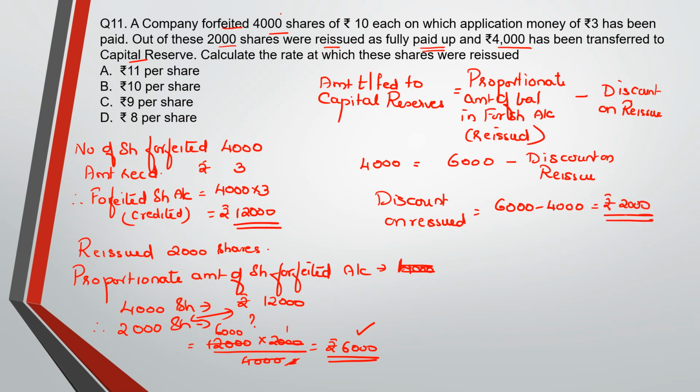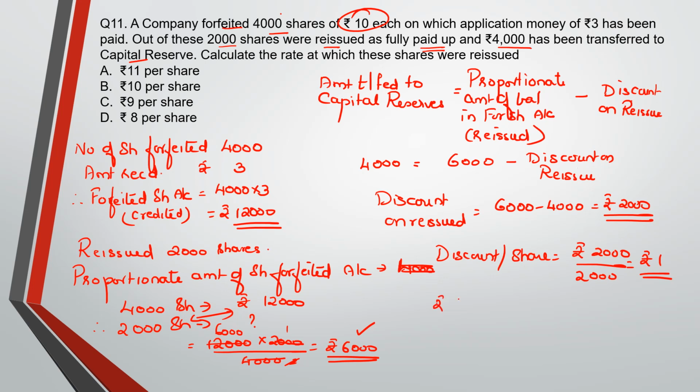So 2,000 is the discount allowed. But this is in respect of the 2,000 shares issued. So the discount per share, which is 2,000 rupees related to 2,000 shares, will come to rupee 1. So from this we know that on reissue, when it has been issued as fully paid, the par value of the share is 10 rupees.